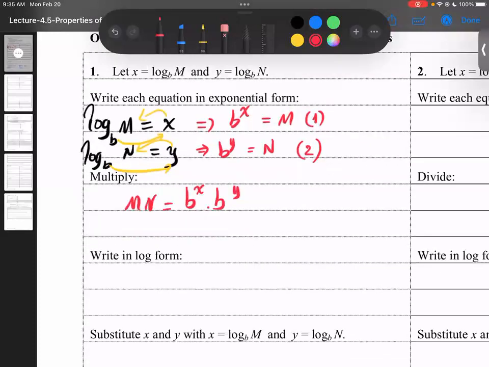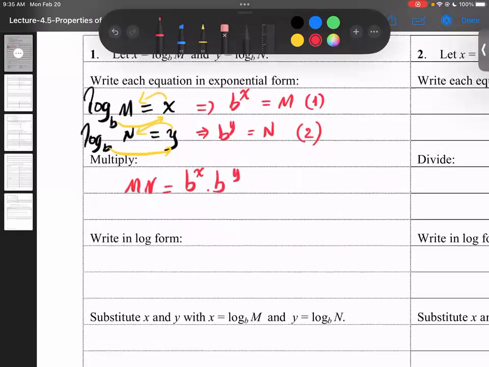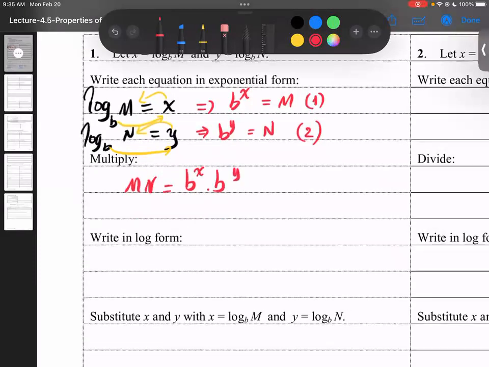But b to the x, b to the y, how do I combine them? You should be able to know. Add, very good. So those rules you should remember. So I'm going to add them together. So m times n, rewrite the left-hand side. On the right-hand side, the exponents add.